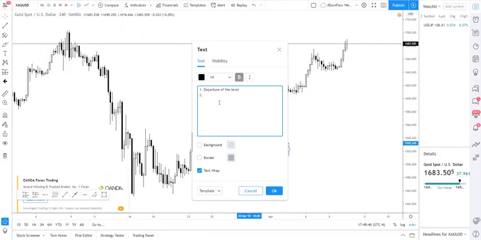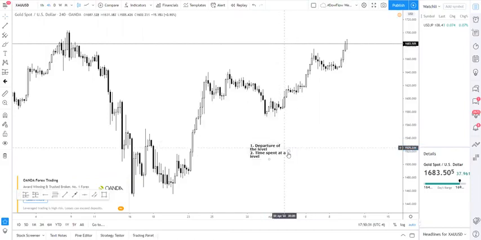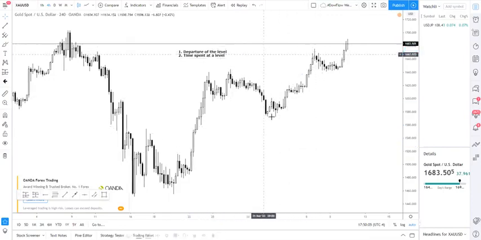Let me just type it out so that you're able to see it. Number one, we look at the departure of the level. The second thing that we look at is the time spent at a level. So these are the two things we look at when it comes to identifying whether there's actually institutional buying and selling at a level.